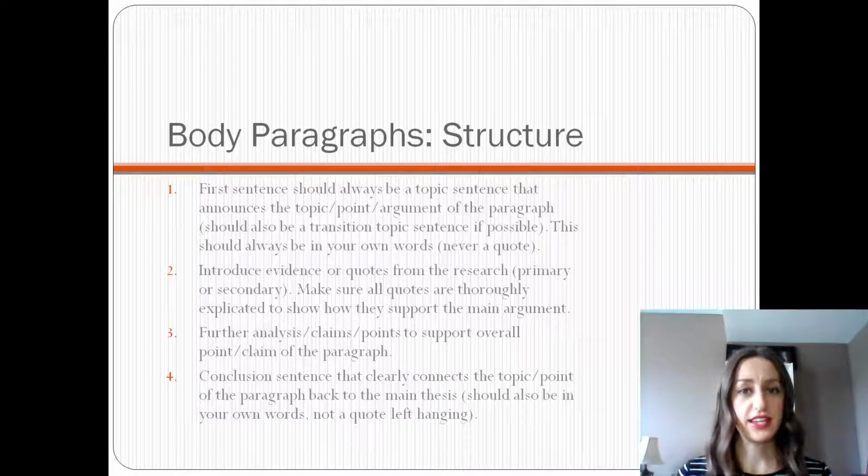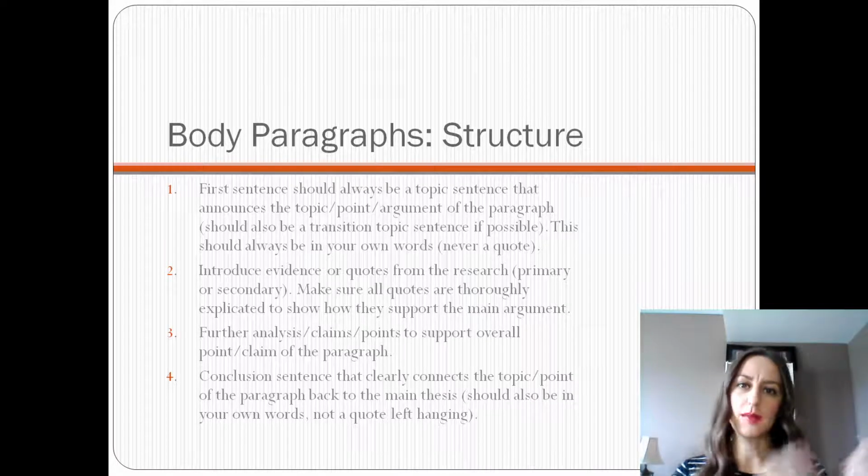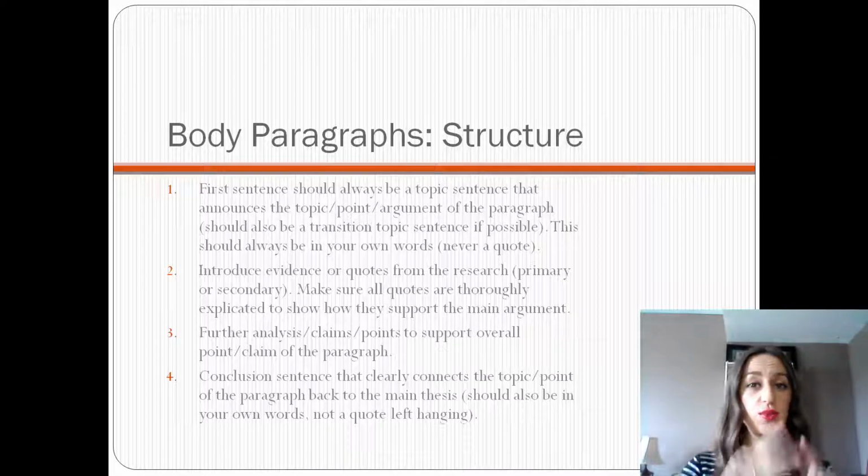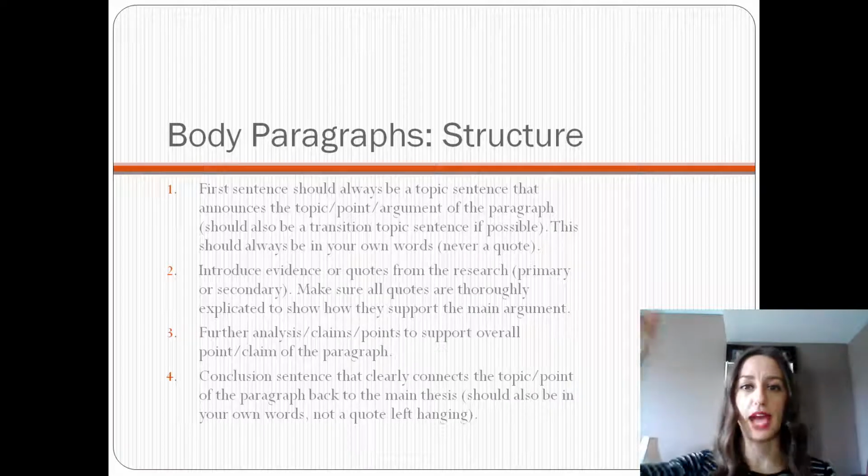And then finally, in the very last place, I recommend having a good, solid, what I refer to as a conclusion sentence. And it doesn't necessarily have to be at the end. 2, 3, and 4, you can maybe mix around if you need to, but at least by the end of your paragraph, you should have some sort of sentence that directly links your point back to your thesis statement.